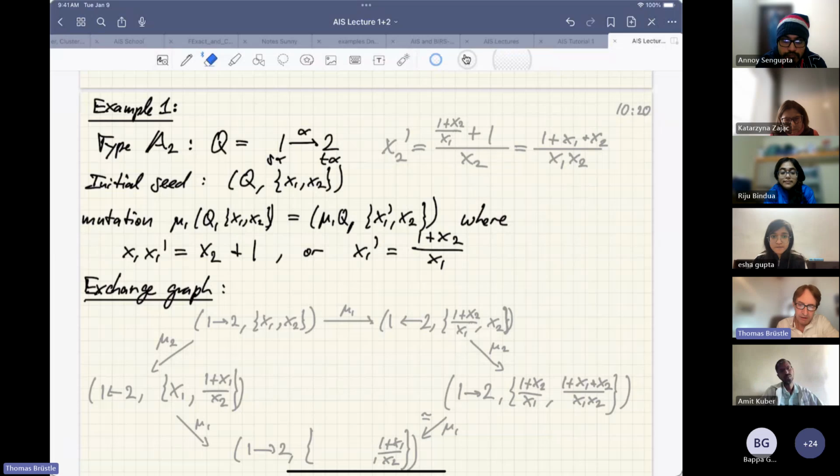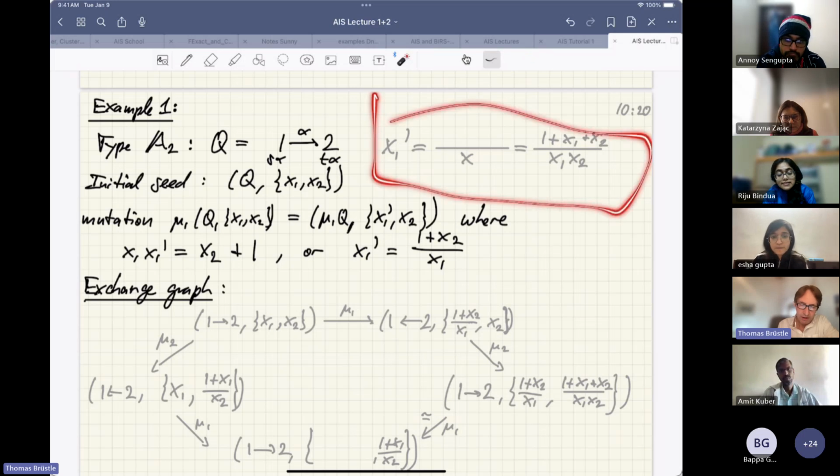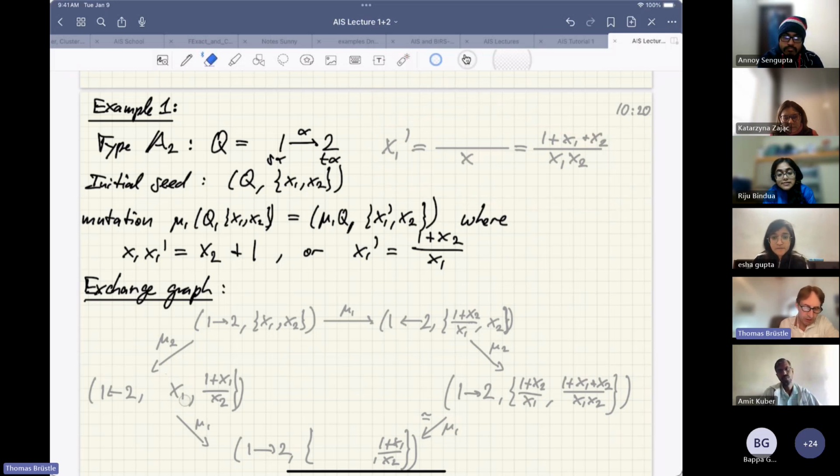So let me do this here. The first variable will be called x1 prime. I do my calculations up here. This will be x1 prime, which is going to be 1 over x1. And then I mutate in the quiver, and I just look at all the arrows that end or start in 1, and there's only one arrow.